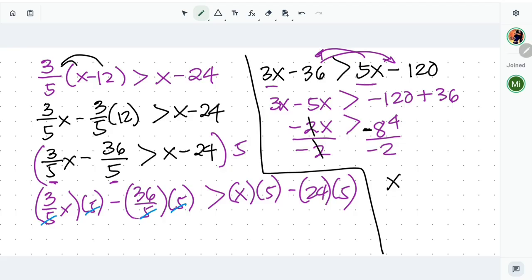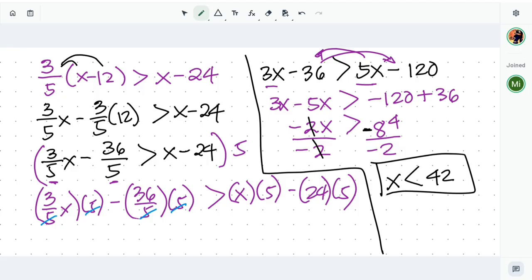Okay, so since we divide by a negative, we change the sign. Instead of greater than, we change to less than. So that is the value of x: x less than 42. So all of the values less than x equals 42.